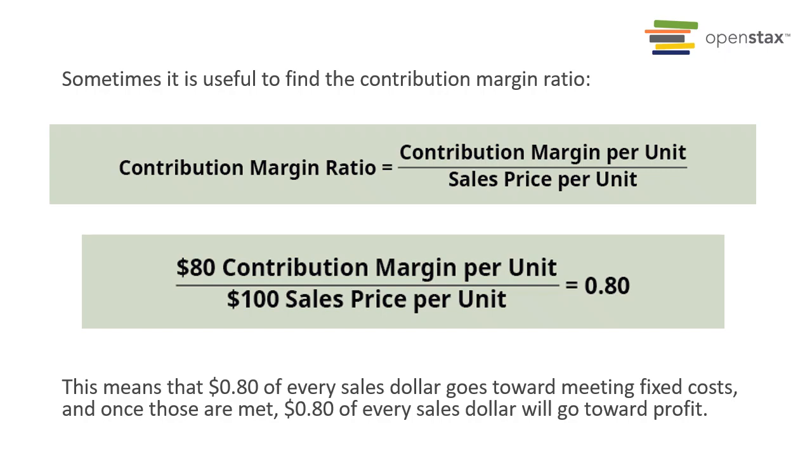And the way that we would interpret that, we see right here at the bottom. 80 cents of every sales dollar can go towards covering fixed costs. And after we've covered our fixed costs, 80 cents of every sales dollar will go toward profit.